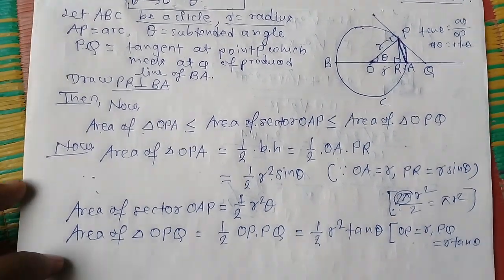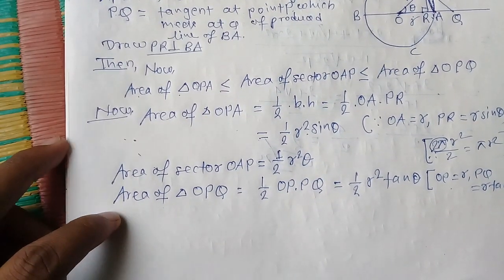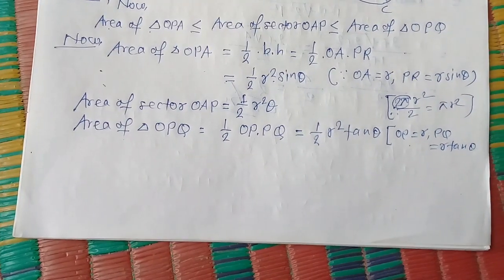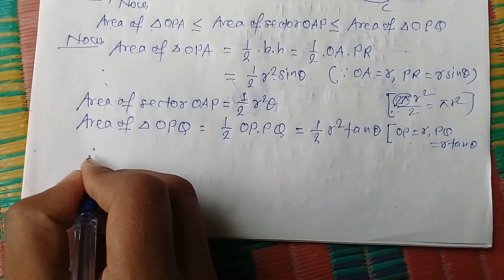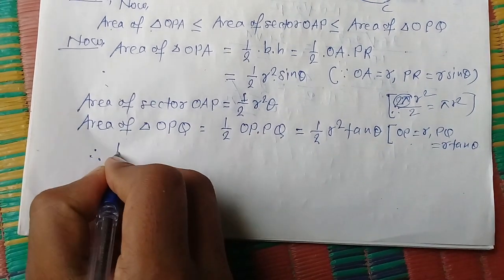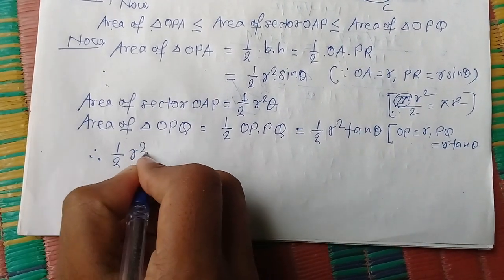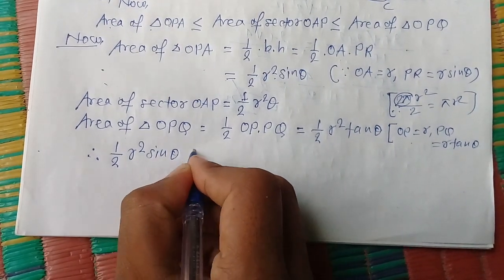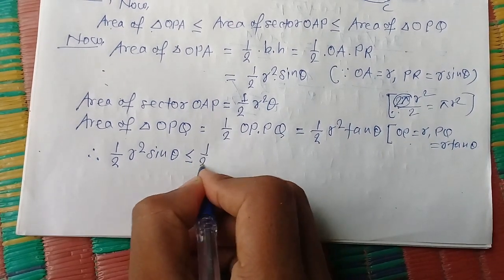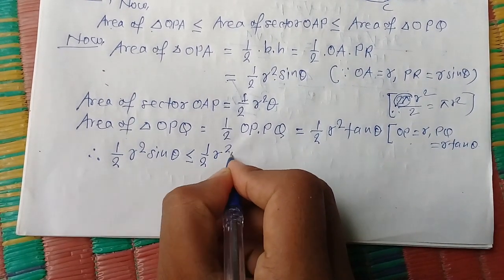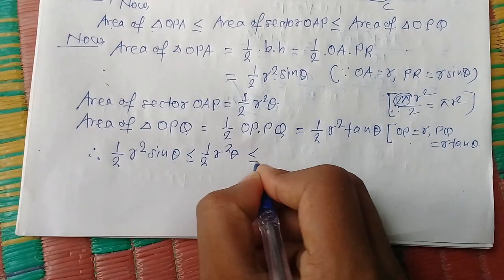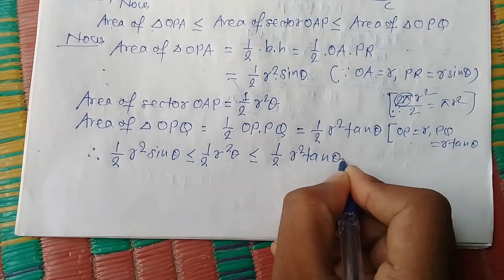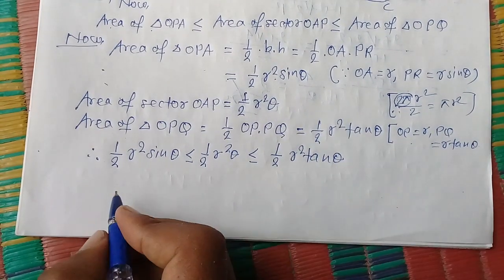Now substituting the values in the above, we can write half r square sin theta is less than or equal to half r square theta, which is less than or equal to half r square tan theta.